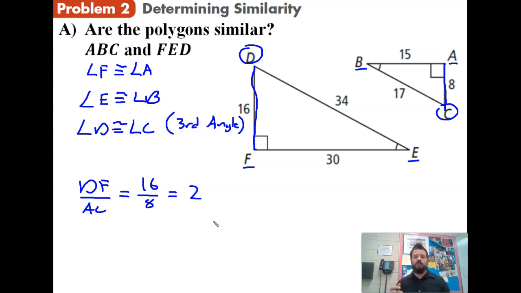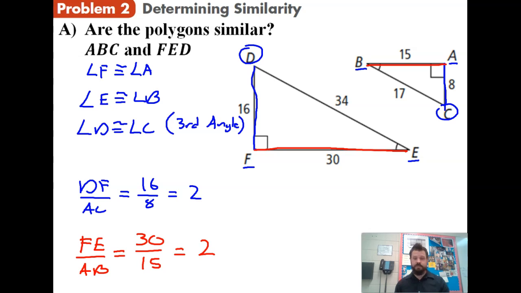Now, if these sides are proportional, all my other ratios will reduce to 2 as well. So let's see if that's the case. We also have FE over AB, the medium length sides. FE is 30, AB is 15, 30 over 15 is 2 as well.